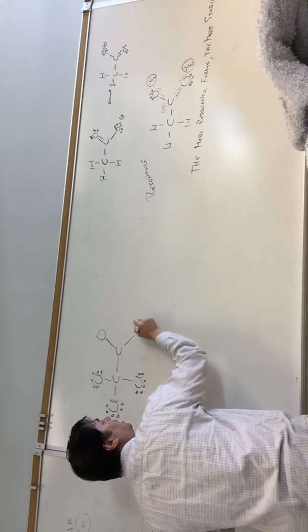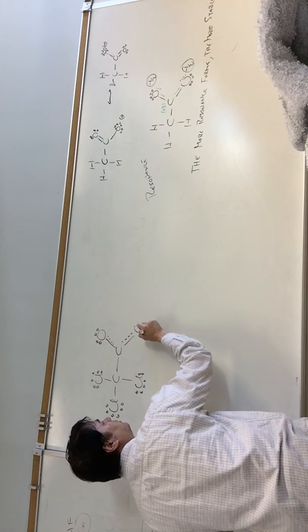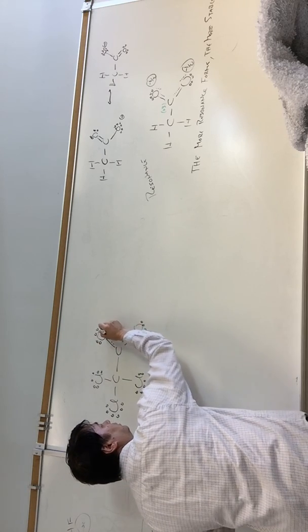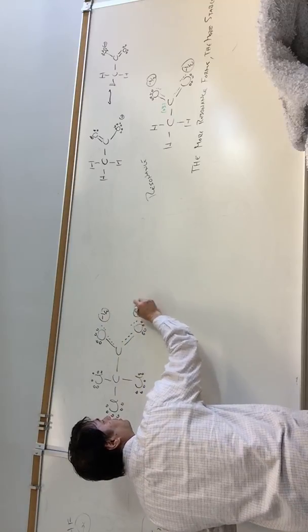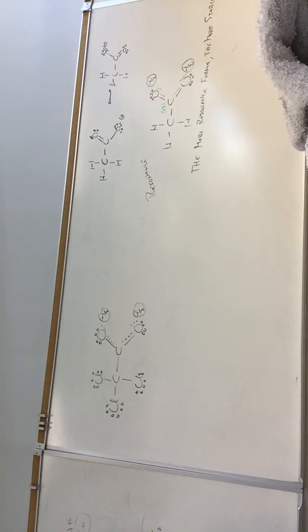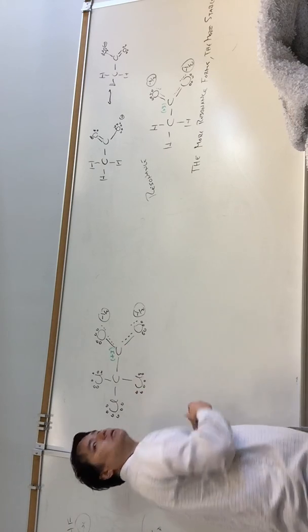I'm going to just draw the hybrid as well. Both of these have a -1/2 formal charge on the oxygen. Both of these have the same oxidation state on the carbon. Carbon's going to be +3.